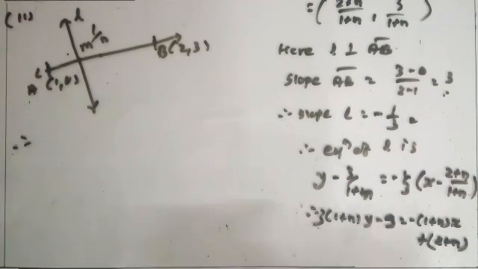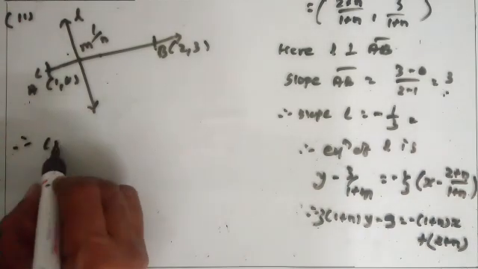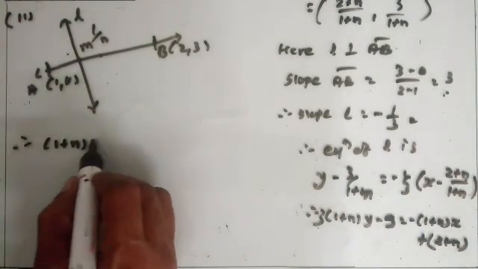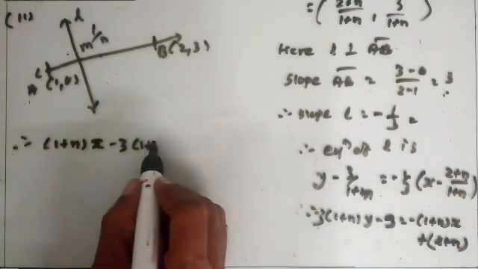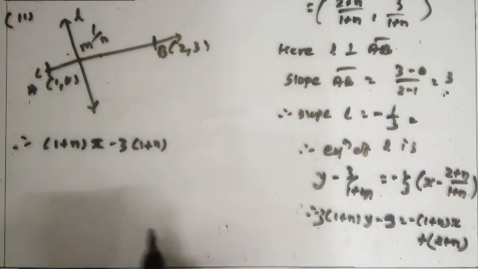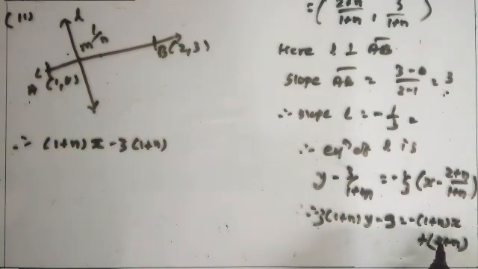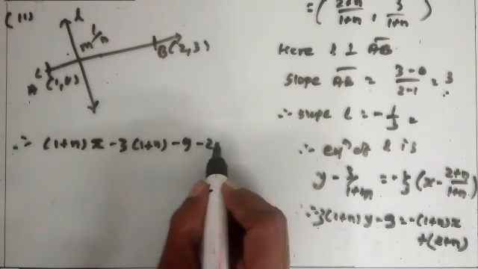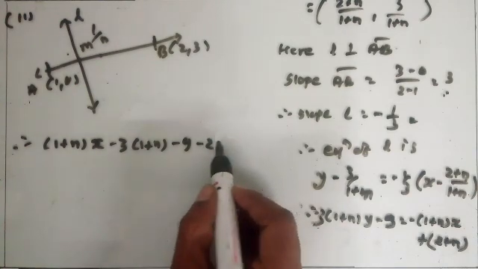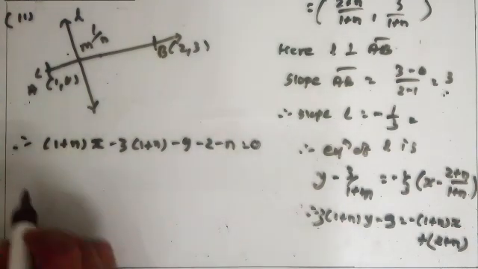Now take all terms to this side. So (1 + n) into x plus 3 into (1 + n) y, and here (2 + n) taken to this side, so minus 9 minus 2 minus n is equal to 0. Clear?